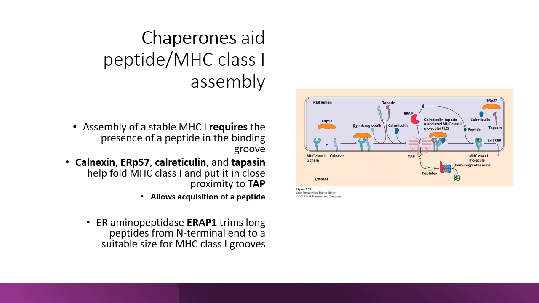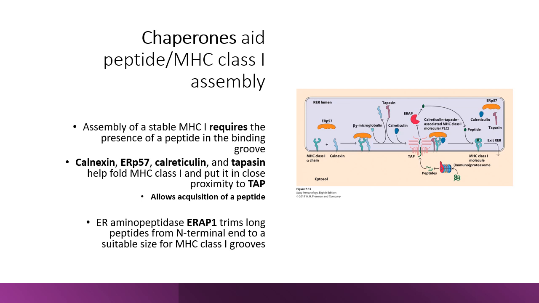But these chaperone proteins help to fold MHC class 1 and physically get it reasonably close to that TAP transporter that's actually going to be pumping those peptides in. So it puts them in the right place to catch some of those peptide fragments as they enter the rough endoplasmic reticulum.